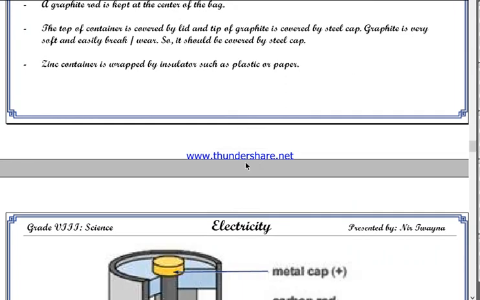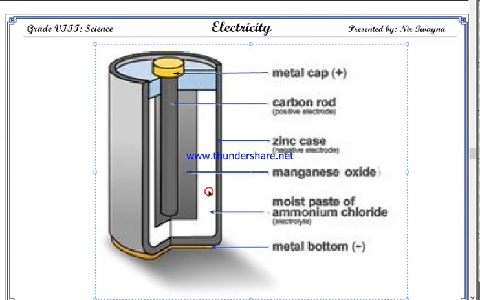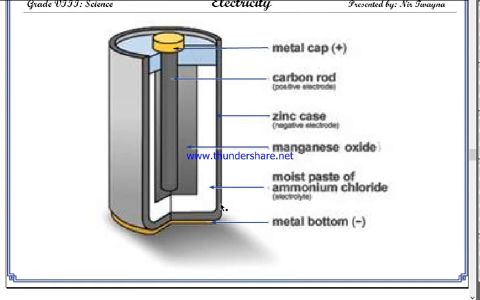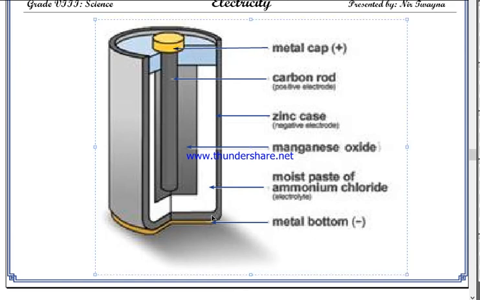Understood? The same problem occurs in dry cell as well. Dry cell also uses zinc as cathode, so local action also occurs in zinc.